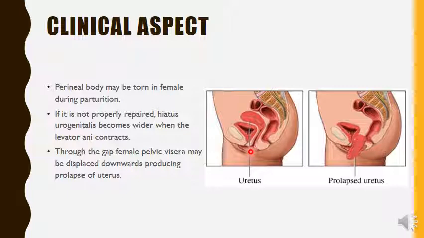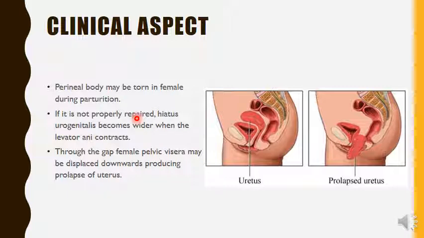But in a contracted pelvis, or when the head of the fetus is big, more stress is laid upon this pelvic diaphragm. The stretching of the muscles will be too much, so that the perineal body may sometimes be torn, right?